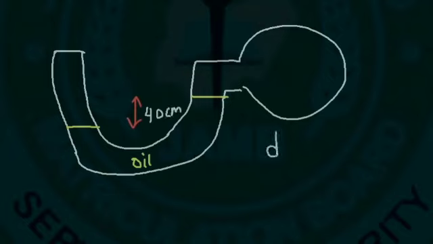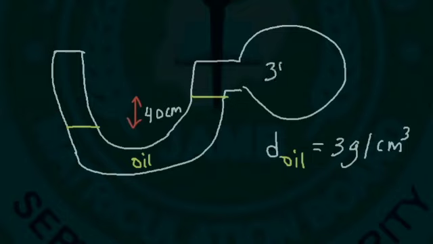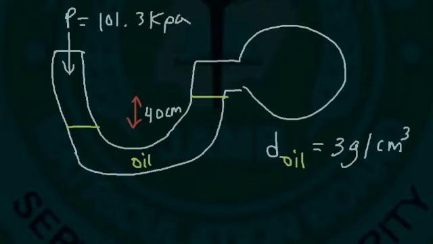And the density of this oil, let's say it's pretty heavy. Let's say it's 3 grams per cubic centimeter. And let's say the pressure of the gas is 30 kilopascals. Or rather, let's say the pressure of the atmosphere is simply 101.3 kilopascals. What is the pressure of the gas?